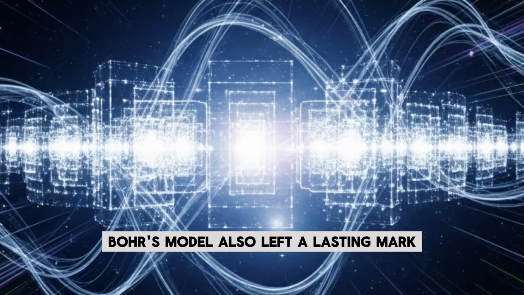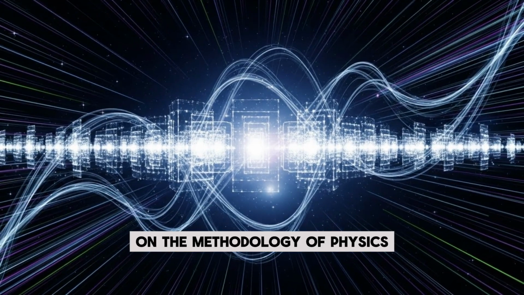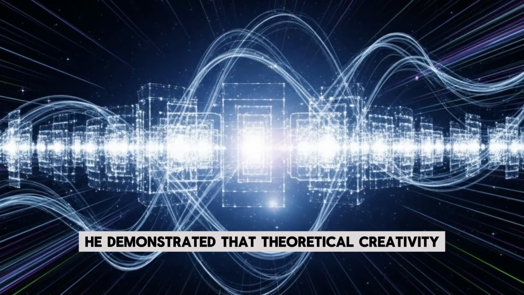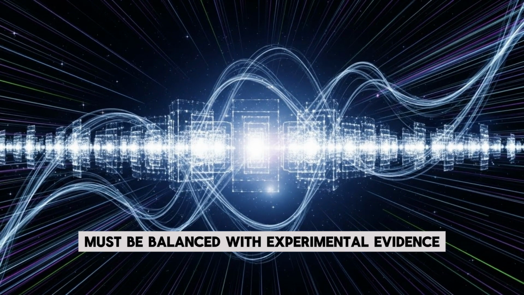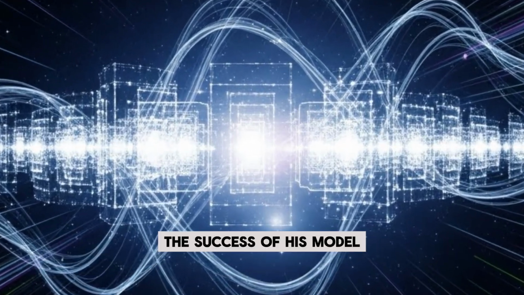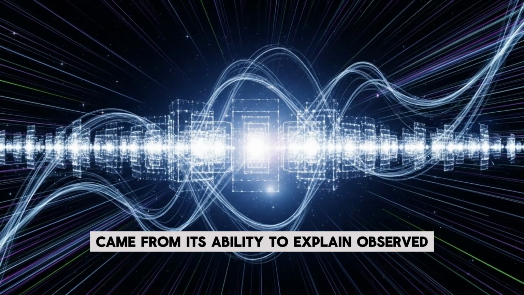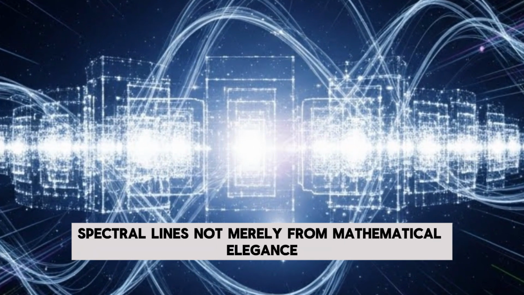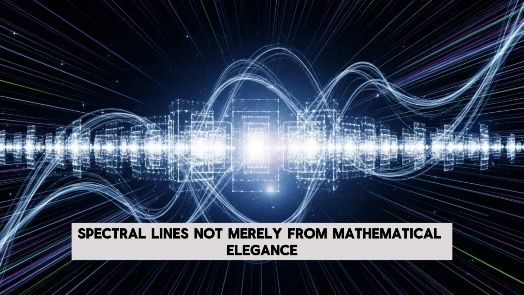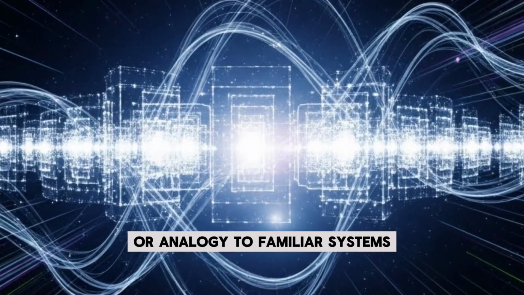Bohr's model also left a lasting mark on the methodology of physics. He demonstrated that theoretical creativity must be balanced with experimental evidence. The success of his model came from its ability to explain observed spectral lines, not merely from mathematical elegance or analogy to familiar systems.